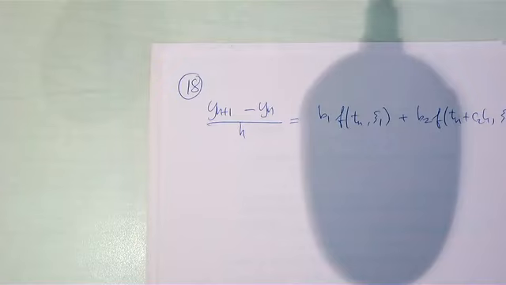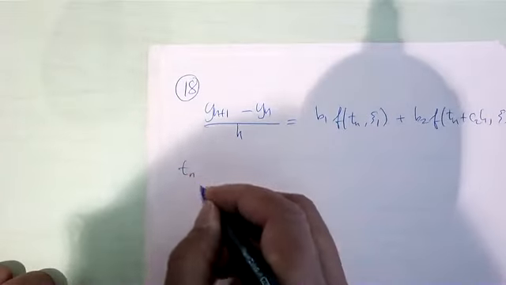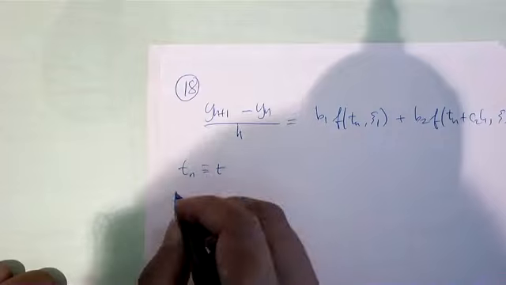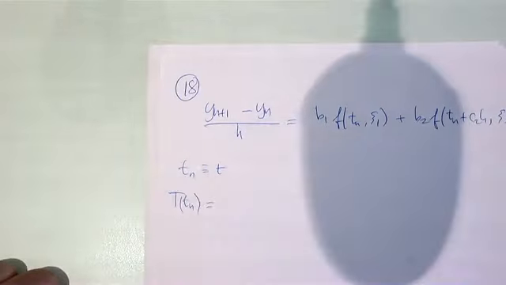So now if I put T equal to t_n in the local truncation error, then what do I have?